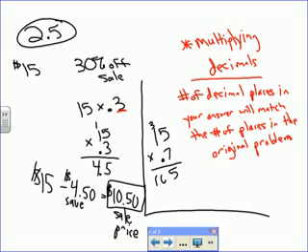So 5 times 7 is 35. I need one decimal place, so there's my $10.50. That's a little faster. It's a little trick you can use.